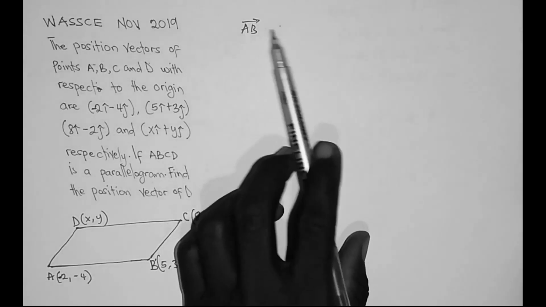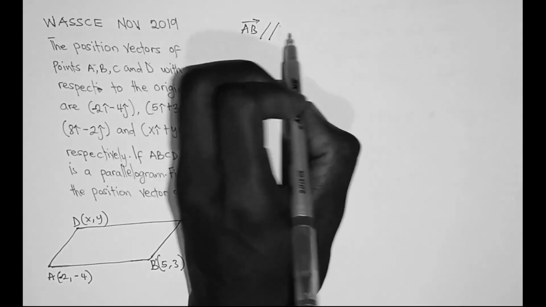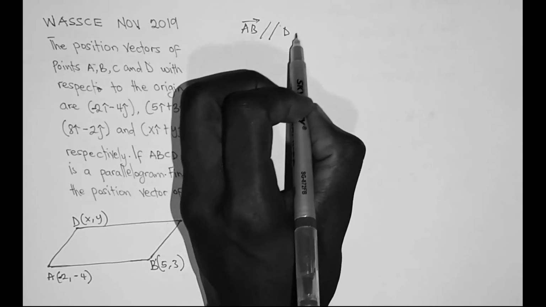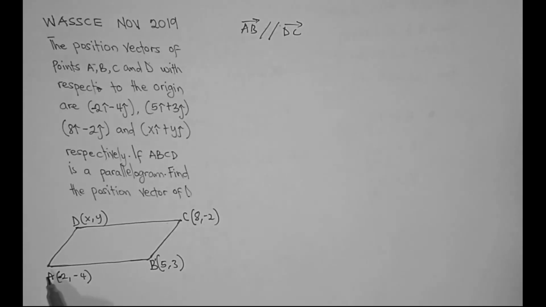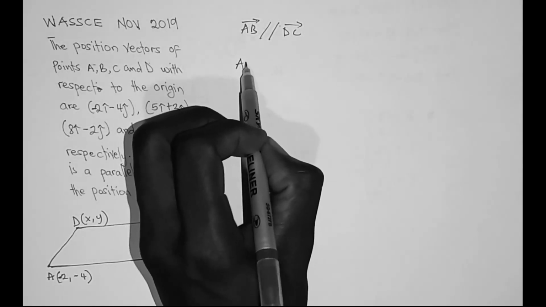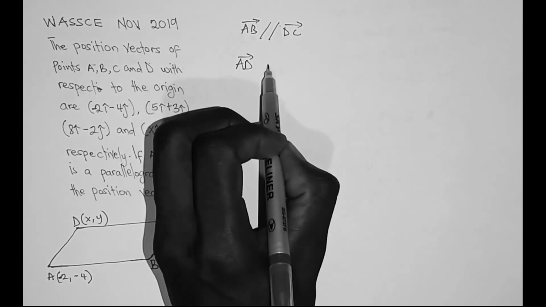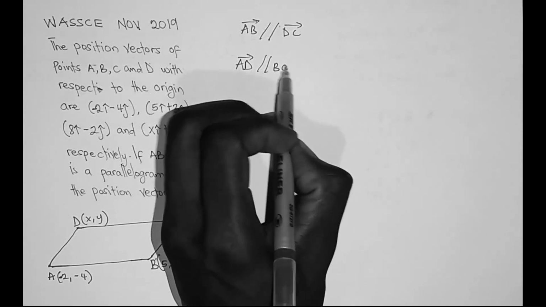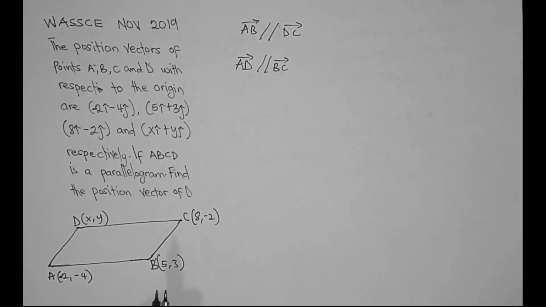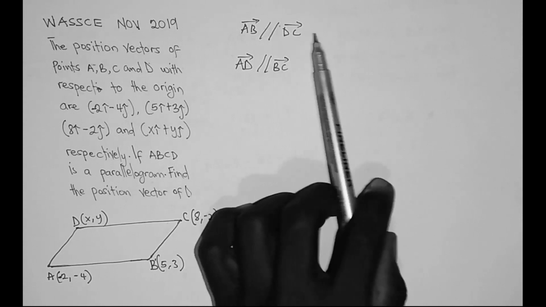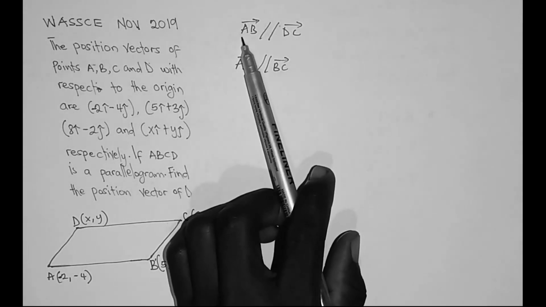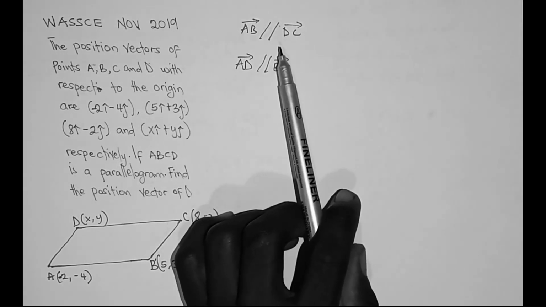So therefore, vector AB is parallel to the vector DC, and also the vector AD is also parallel to the vector BC. So since they are parallel, we can use one of these to find the coordinates of D. So let's use the first one, AB parallel to DC.